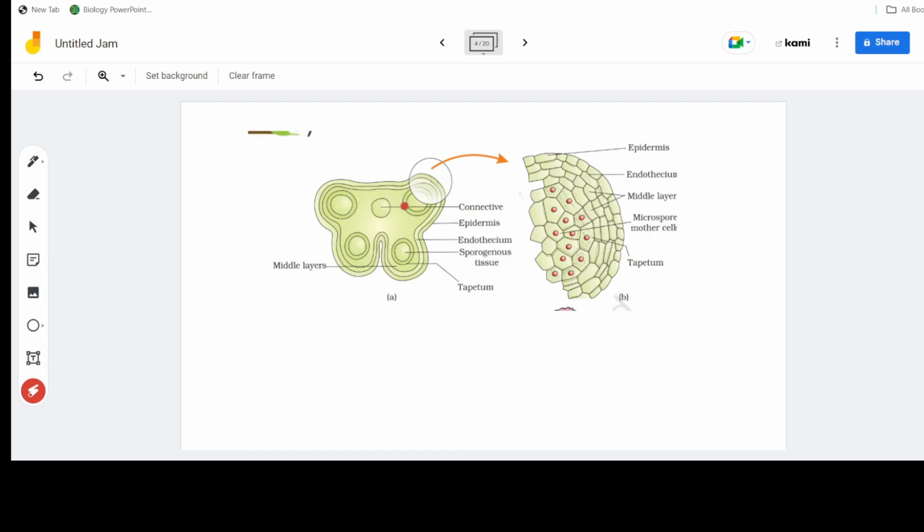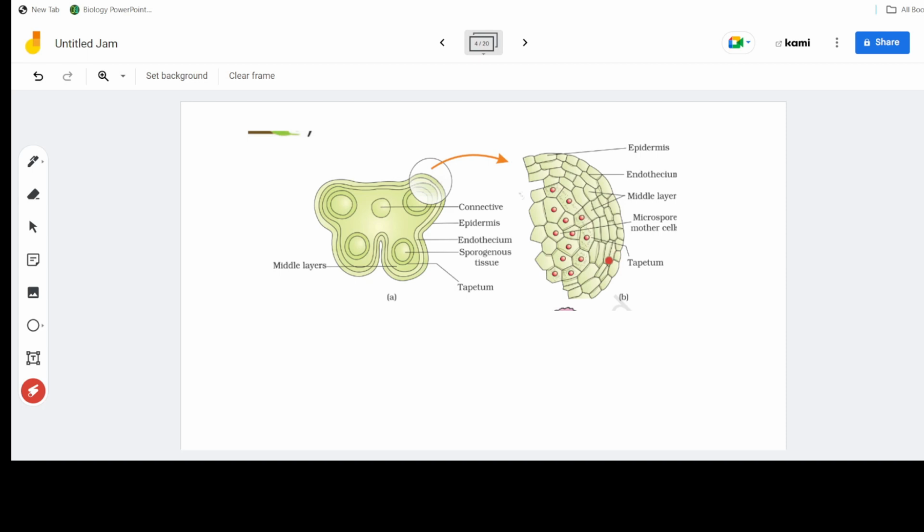In this figure you can clearly see 4 microsporangia, that is the tetragonal structure of an anther. Here they have magnified one microsporangium. When this part is magnified, you can see there are 4 outer layers.